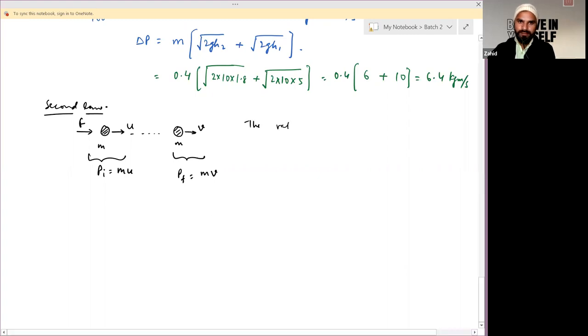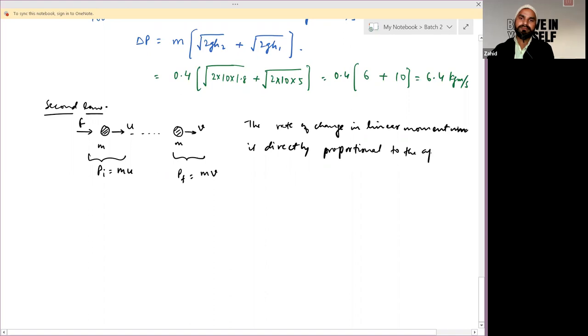Yes, sir. So F is directly proportional to change in linear momentum over change in time.